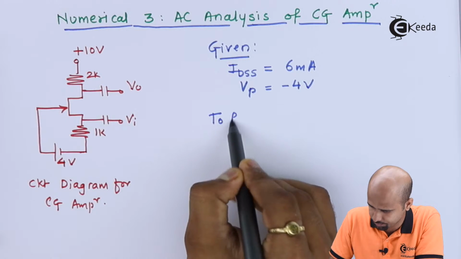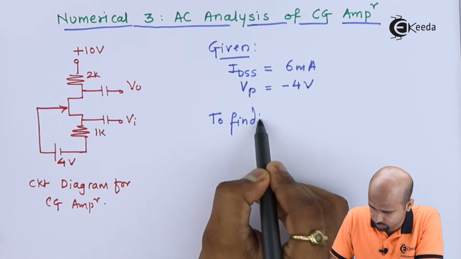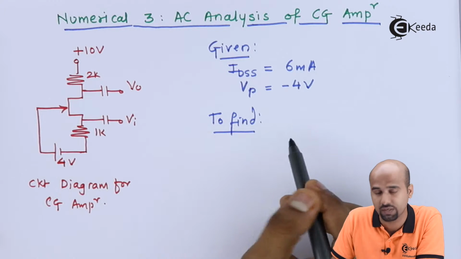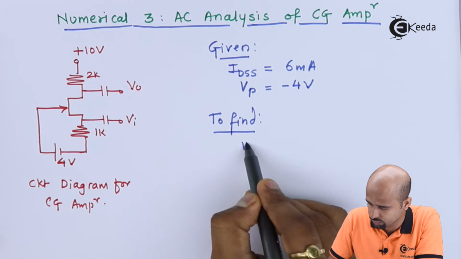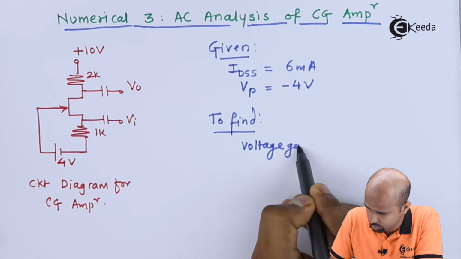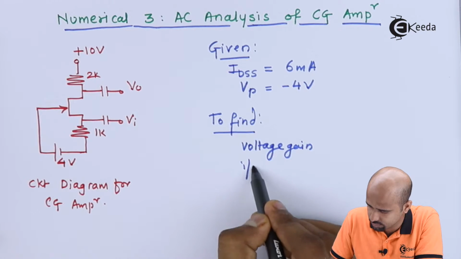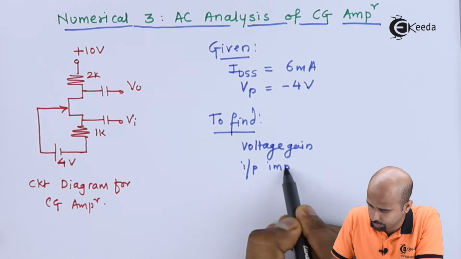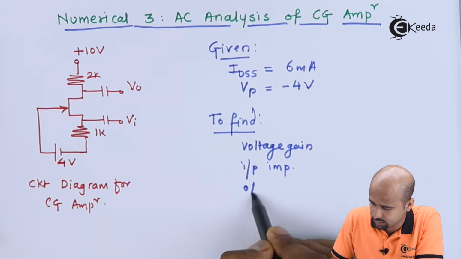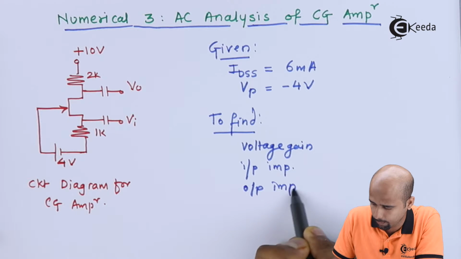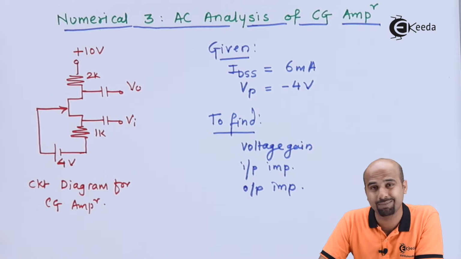To find, we have to find the value of voltage gain, input impedance and output impedance. But keep this in mind, we have to start for the DC analysis first.